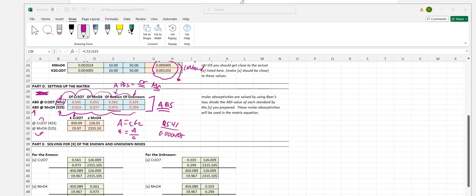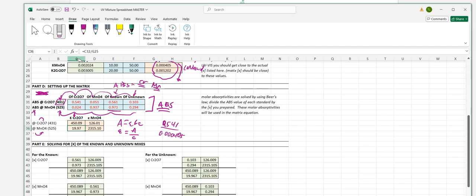Well, here's why. This is a very common mistake that people make, you included, if you're not paying attention. It is absorbance over the concentration. That is correct. It is the absorbance of 0.541 for chromium. And up here in the top, you have to keep in mind, chromium is listed in the second line, not the first. So what this means is that I use the permanganate concentration and not the chromium concentration.